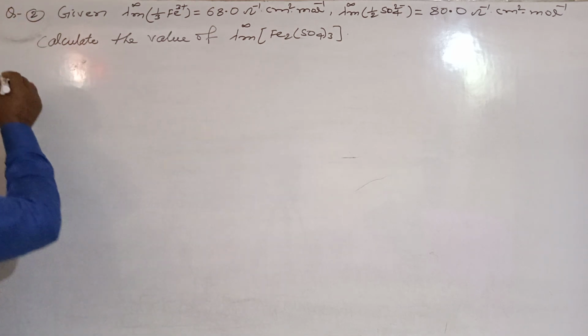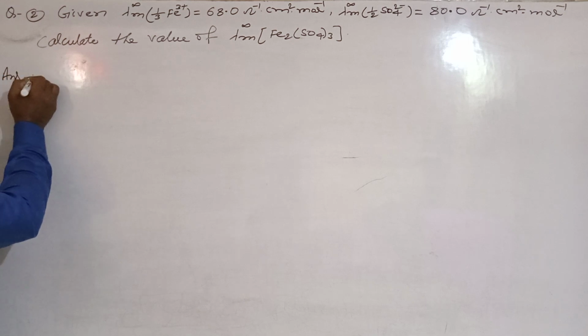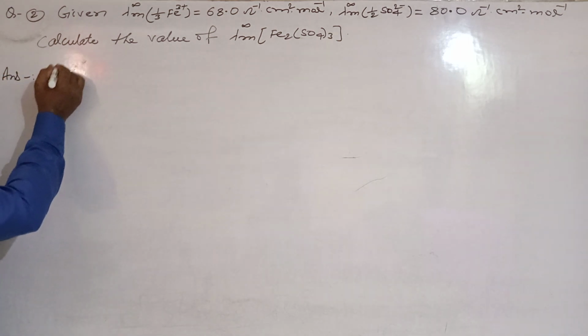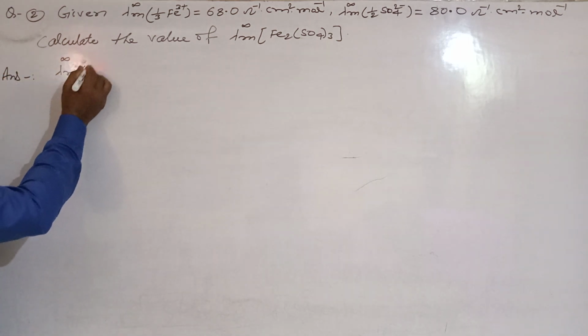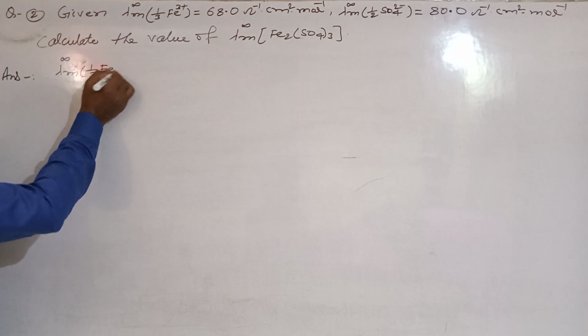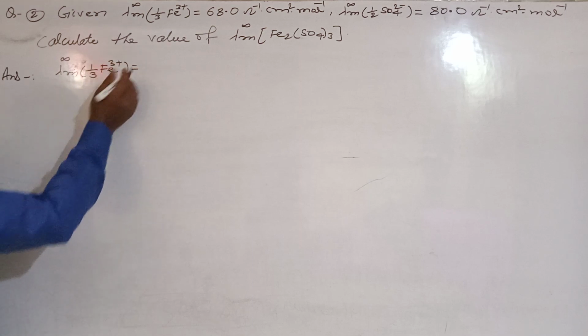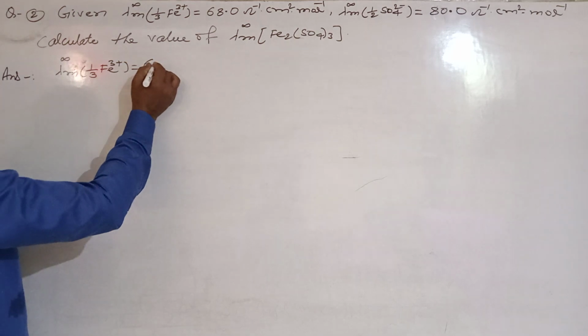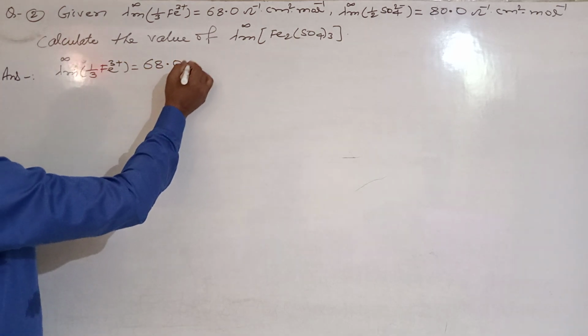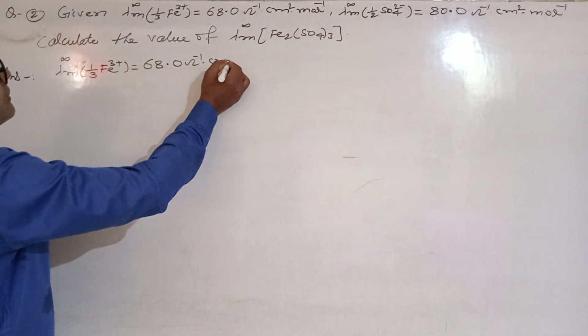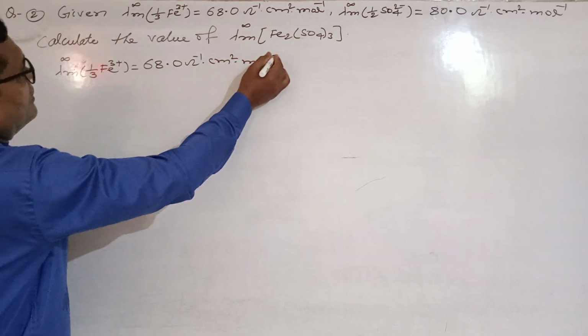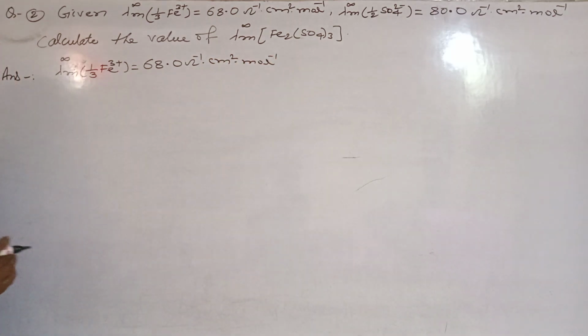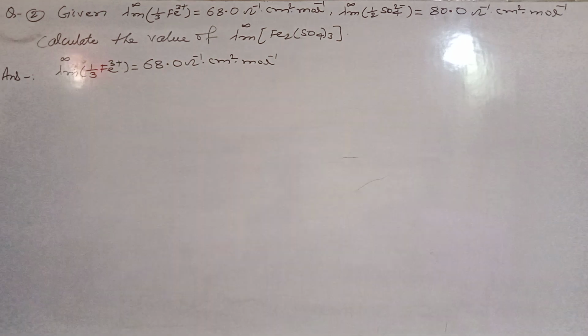In the question, the value of lambda infinity m of 1/3 ferric ion is equal to 68.0 ohm inverse cm square mole inverse. It is the molar ionic conductivity of ferric ion at infinite dilution.